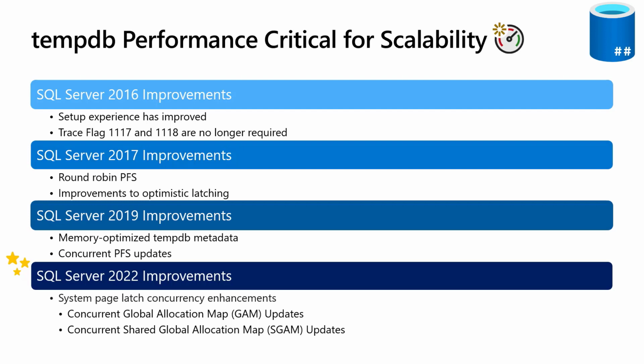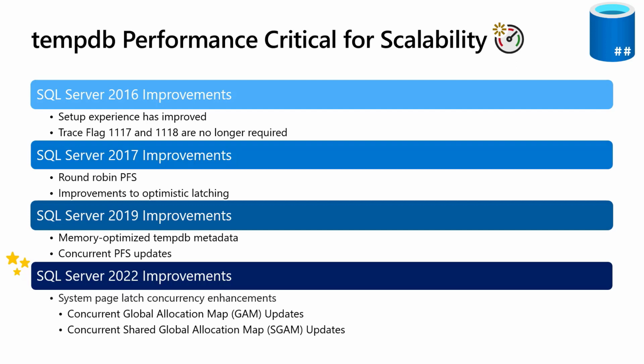So because of this contention, throughput is decreased and workloads that require many updates to the GAM will take longer to complete, while the machine's CPU will be underutilized. This is due to the workload volume and especially the use of repetitive create and drop operations. For the shared global allocation map, though in previous releases we eliminated most of this by using uniform extents, we can still have SGAM contention where temp tables and table variables will try to allocate from mixed extents.